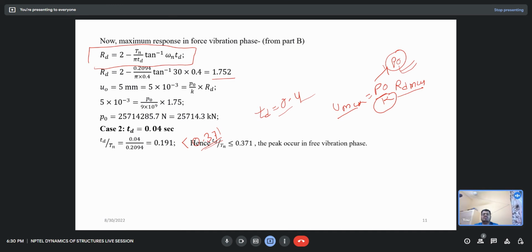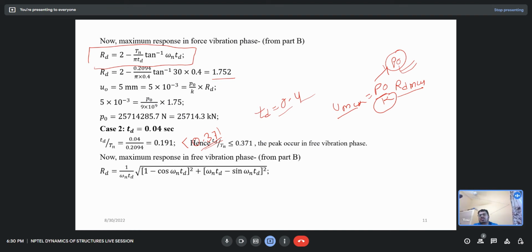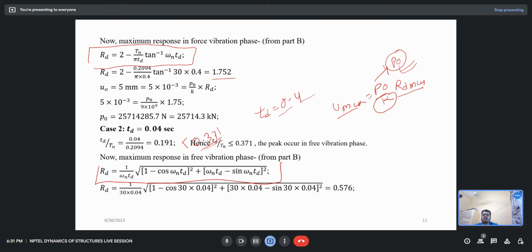So what is the maximum response of the free vibration phase from part B? Rd is equal to 1 over omega n Td times square root of (1 minus cos omega n Td) whole square plus (omega n Td minus sin omega n Td) whole square. Now put in the value of omega n Td. If I put in these values, my Rd comes out to be 0.576.